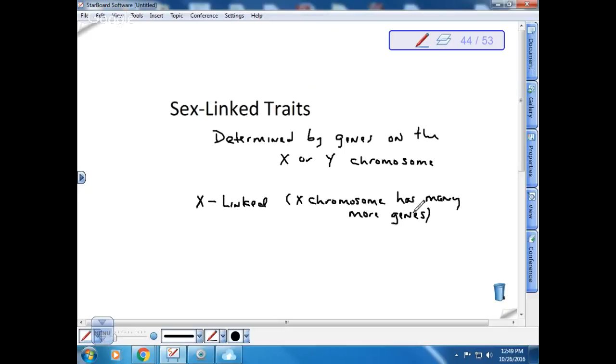So can anybody give me an example of a trait, a disease in humans that is sex-linked? Does anybody know, or maybe a trait? Color blindness. Color blindness, excellent. Okay, so let's look at color blindness. And this is specifically red-green color blindness. There's different forms of it. Okay.